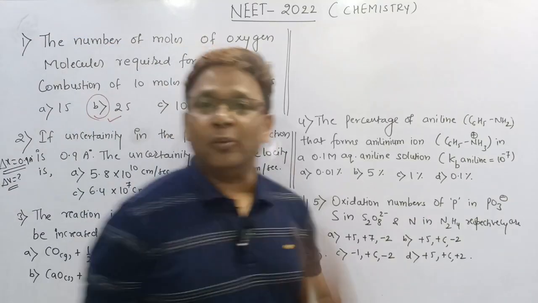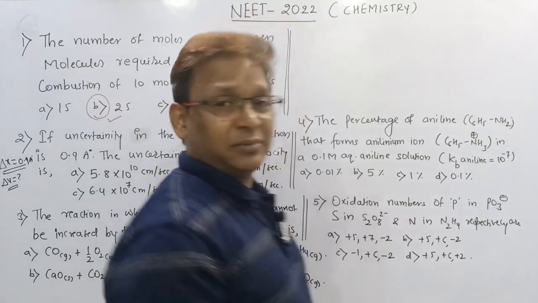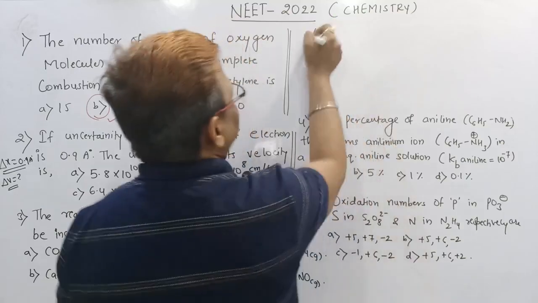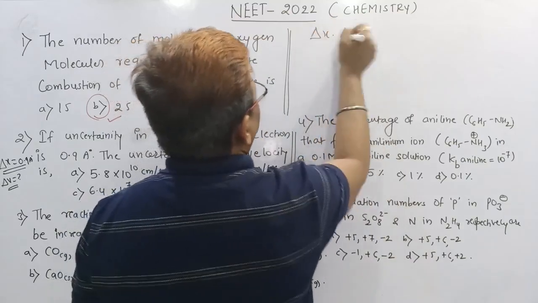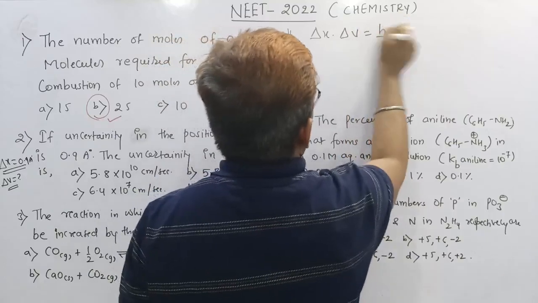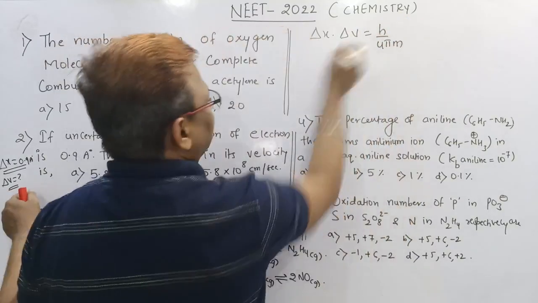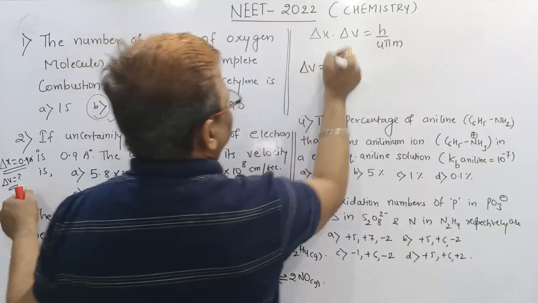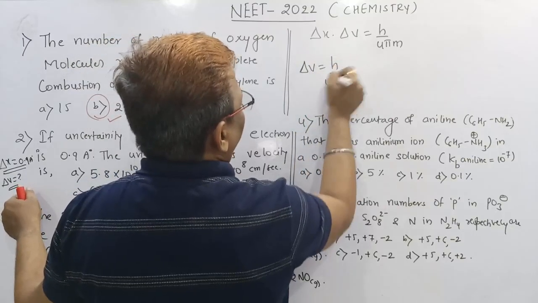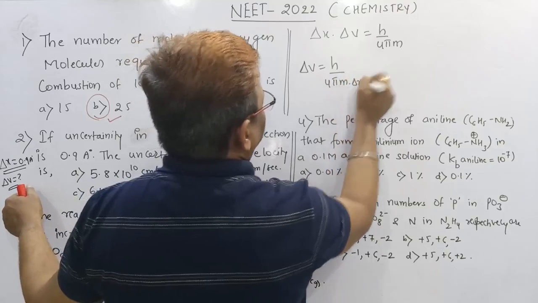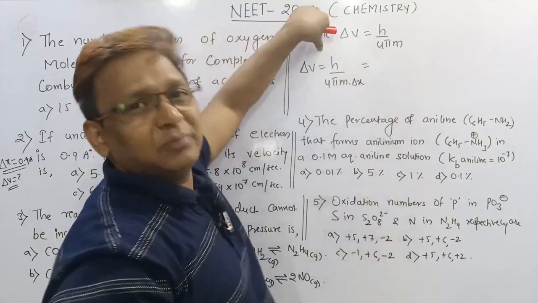As we have to get delta v, delta v equals h upon 4 pi m into delta x. But h is called Planck's constant.